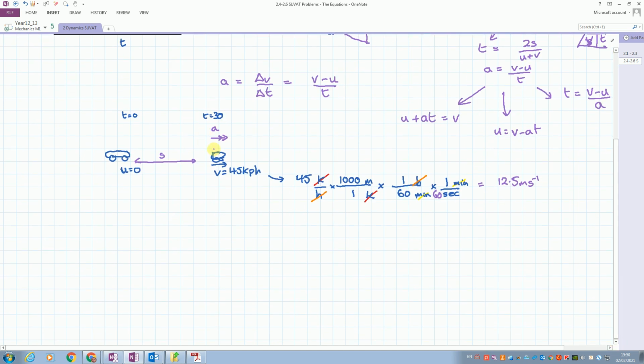To calculate the acceleration, A equals the change in velocity, so we've got 12.5 minus the initial velocity, U, which is 0, divided by 30 seconds. So my acceleration is now 5/12 meters per second squared.